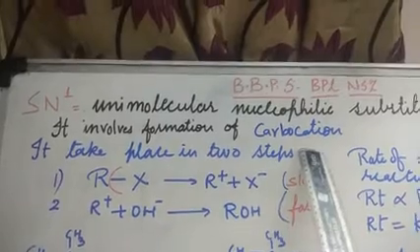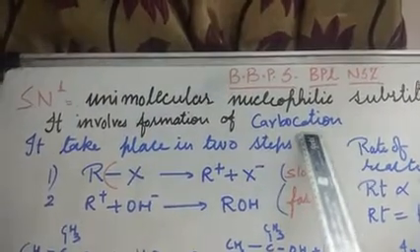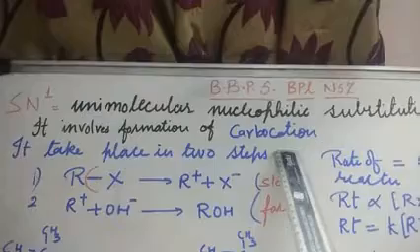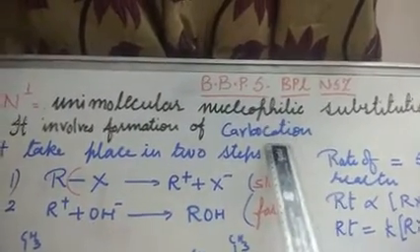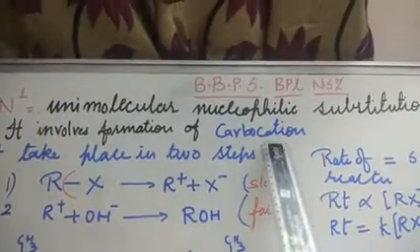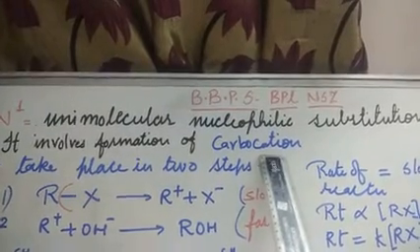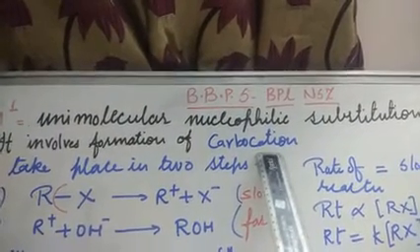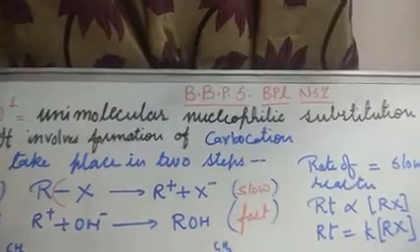So in SN1, a carbocation is obtained. Here I am telling you students, as you have studied, the tertiary carbocation has maximum stability. That's why the tertiary alkyl halide will be maximum reactive towards SN1. Then we will take the mechanism also.